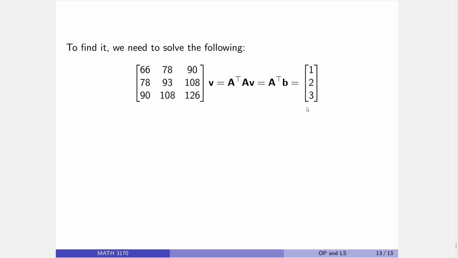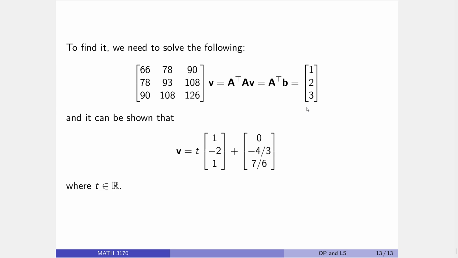There's a least squares solution. So you need to solve A transpose AV is equal to A transpose B. If you do that computation, that means you need to solve this. And solving that, here we go. Spoilers: it's possible that you get a solution, and there is, in fact, no unique answer. We already saw that baked into the derivation.